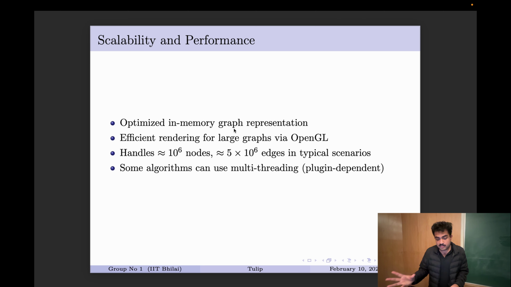And usually efficient rendering for large graphs such as sparse ones is done through OpenGL, which is a library for that. Along with this algorithm, it usually handles big graphs of magnitude 10 to the power 6 nodes and 5 times 10 to the power 6 edges, which is a typical scenario.